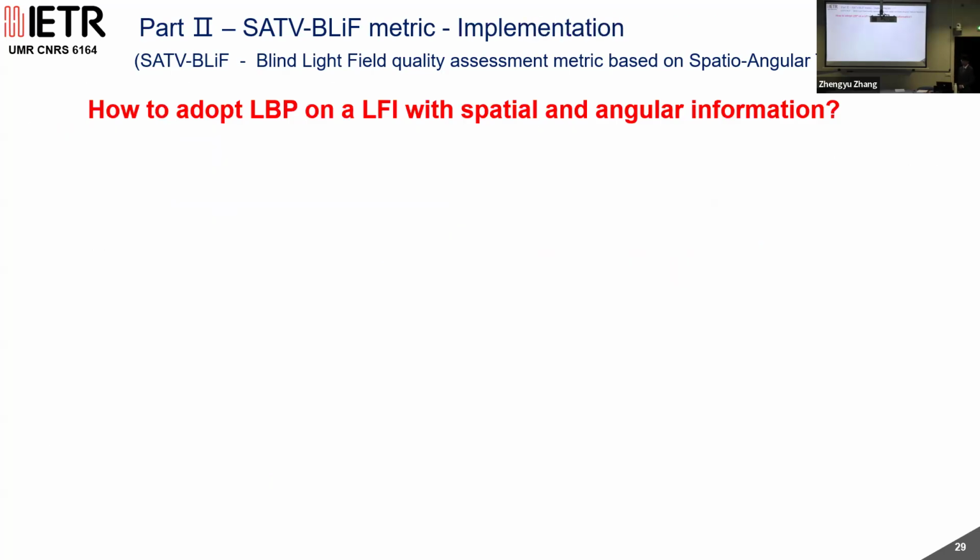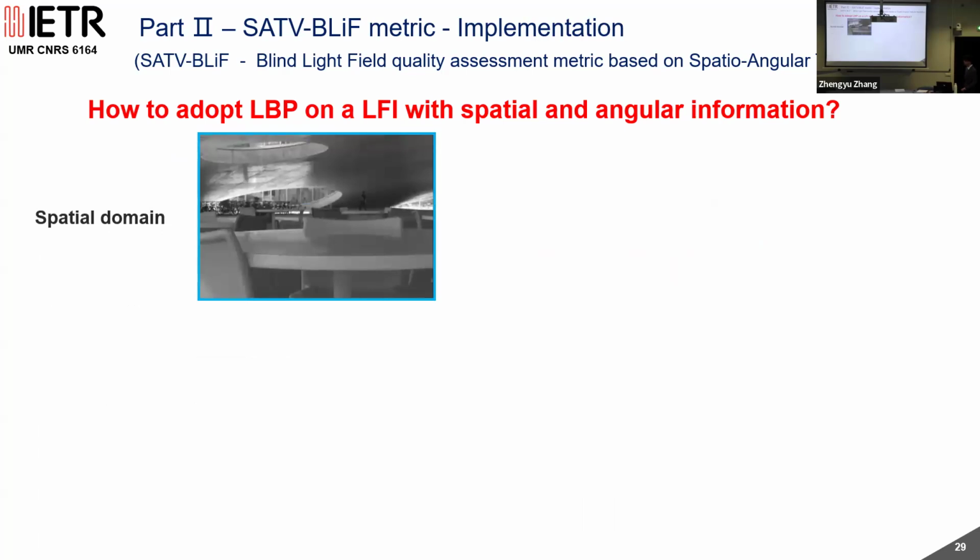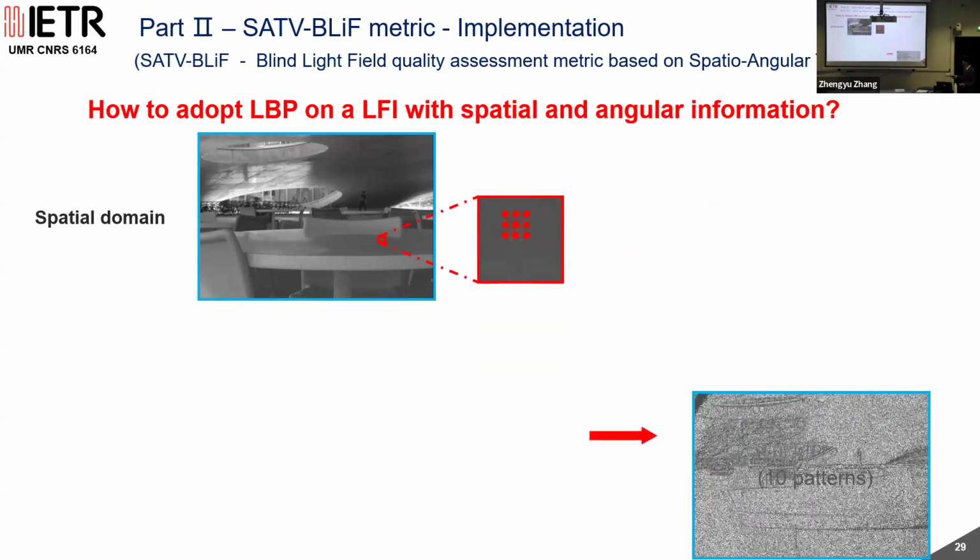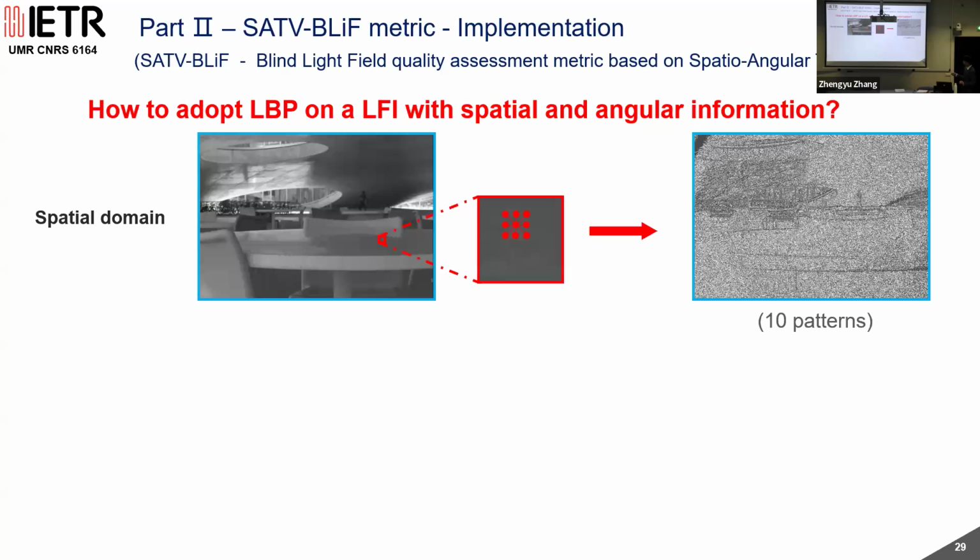However, LBP is an operator for traditional 2D images. How can we adopt this LBP on a light field image with spatial and angular information? That's the question. For the spatial domain, we directly apply the LBP on each spatial pixel in a view, and then we get the spatial textural map with 10 patterns.